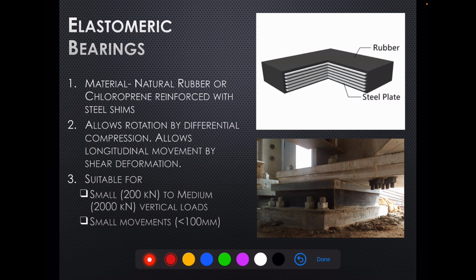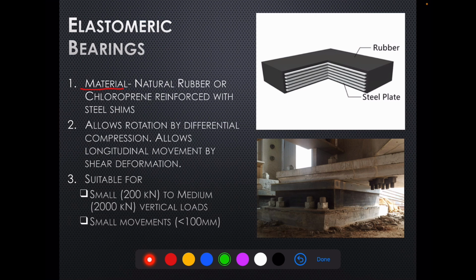First of all, let's talk about material. The material is natural rubber or chloroprene reinforced with steel shims. How is an elastomeric pad made? Basically, it is a rubber pad, and within the rubber we have steel laminas, or steel plates, inserted at regular intervals. These layers of steel plates are called steel shims.